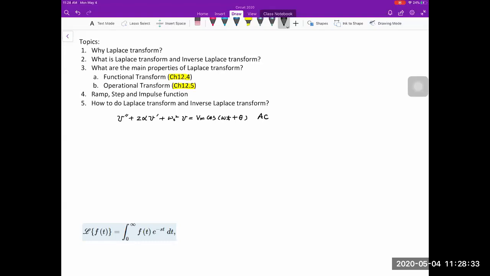So the process, if you wanted to solve it in what we call the time domain, you find the homogeneous solution, and then you find the particular solution.